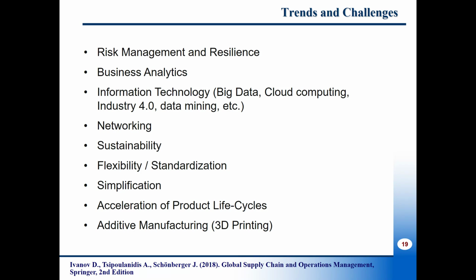And the next trend is about information technology. There are now many buzzwords like big data, cloud computing, industry 4.0, and data mining, not only for business applications, but also in supply chain management networks, for instance.